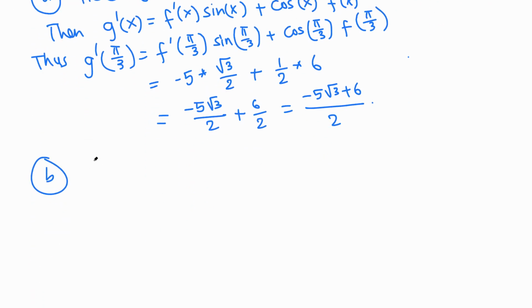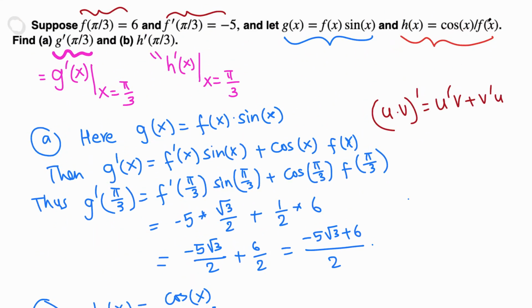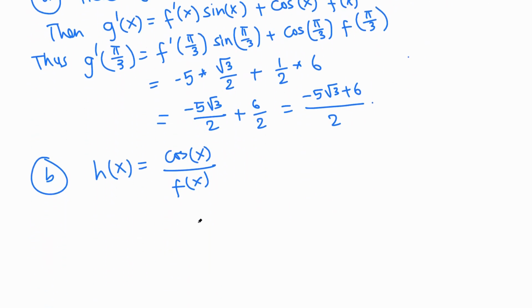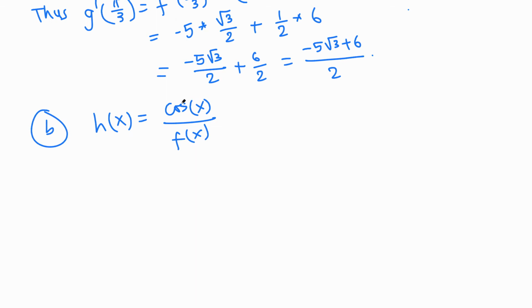We got a fraction, that means we must use the quotient rule: when we have u over v, the derivative is u prime v minus v prime u, over v squared. This is u, this is v.